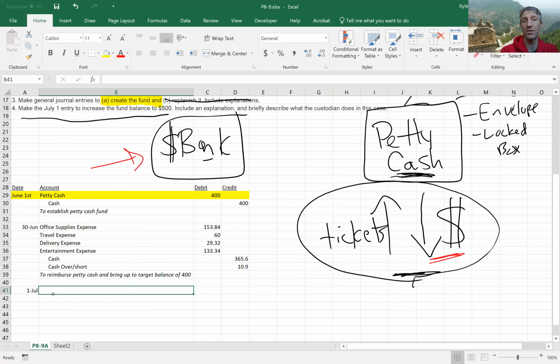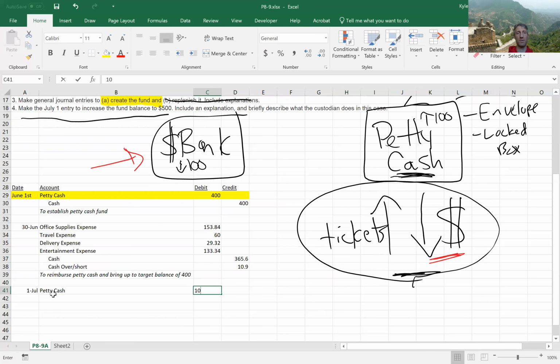So since there's already 400 in there, what we need to do is go to the bank, decrease it by 100, because to get petty cash up to 500, we only need to add 100 more dollars. So we're going to debit petty cash by 100 and credit cash by 100. So that the debits together for petty cash equal $500, the new target balance.